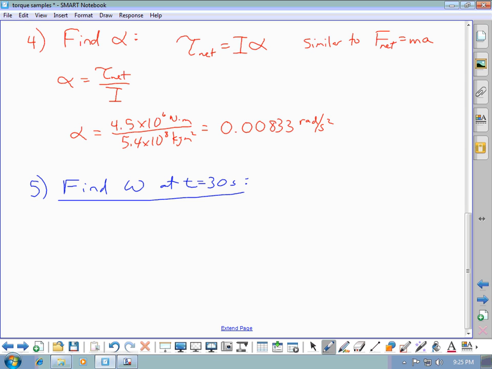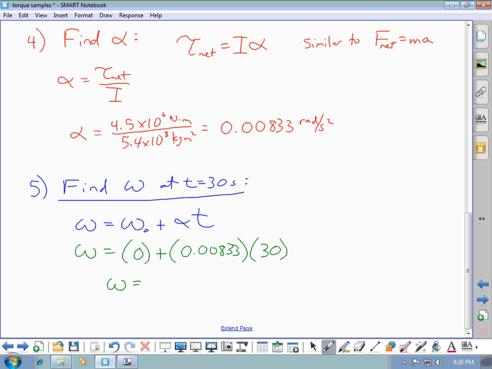This has a constant angular acceleration because those thrusts are constant, so the net torque is constant. So the final angular velocity equals the initial angular velocity plus the angular acceleration times the time. So this final angular velocity equals the initial angular velocity of 0 plus the angular acceleration of 0.00833 times a time of 30 seconds. So when I do this, I calculate that the angular velocity is 0.25 radians per second.